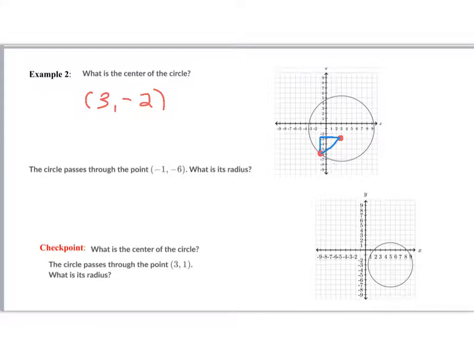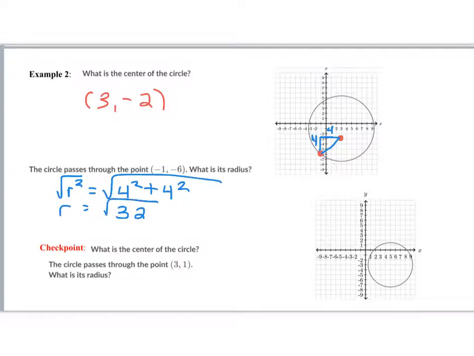This is 4 and this is 4, so we're going to use the Pythagorean theorem. So our r squared is going to be 4 squared plus 4 squared, which gives us 32. But remember, we square root both sides, so r is equal to the square root of 32, which is approximately 5.7 units. So go ahead and pause and see if you can do the next one, and then come back when you're ready and I'll have the answer.